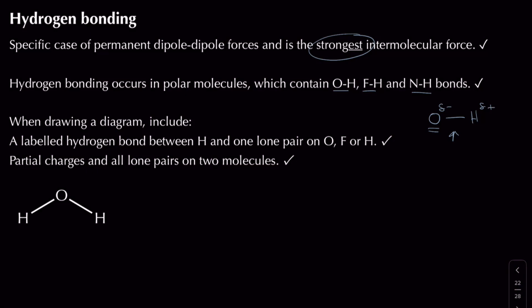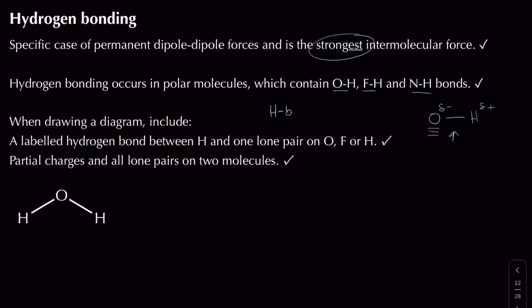Because oxygen, fluorine and nitrogen are very electronegative, their strength in attracting electrons in a covalent bond is very high. The electrons are pulled more towards the oxygen, and so we end up with a very polar bond. That leads to a specific case of permanent dipole-dipole interactions, which we call hydrogen bonding.